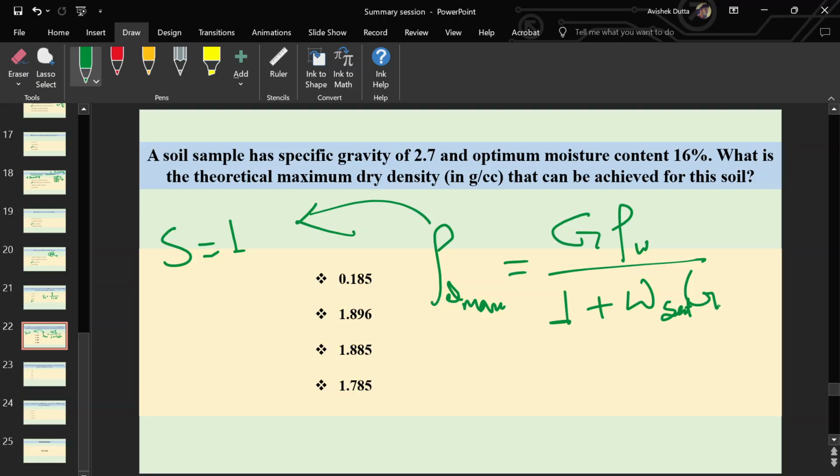Solve it and tell me the answer. What is the answer? C, sir. Yes, 1.885 gram per cc. Good. 1.885 gram per cc is the answer.